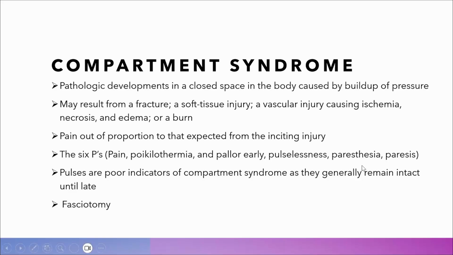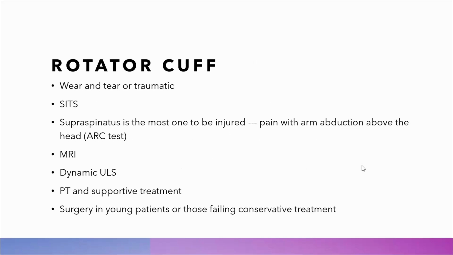And remember, we're not going to wait until the pulselessness and so forth, because it comes late. We have to suspect early. Again, fasciotomy is your key answer on the test. Yes, you can measure pressure if you want to, but for the test, your answer most probably will be fasciotomy. So keep that in mind.